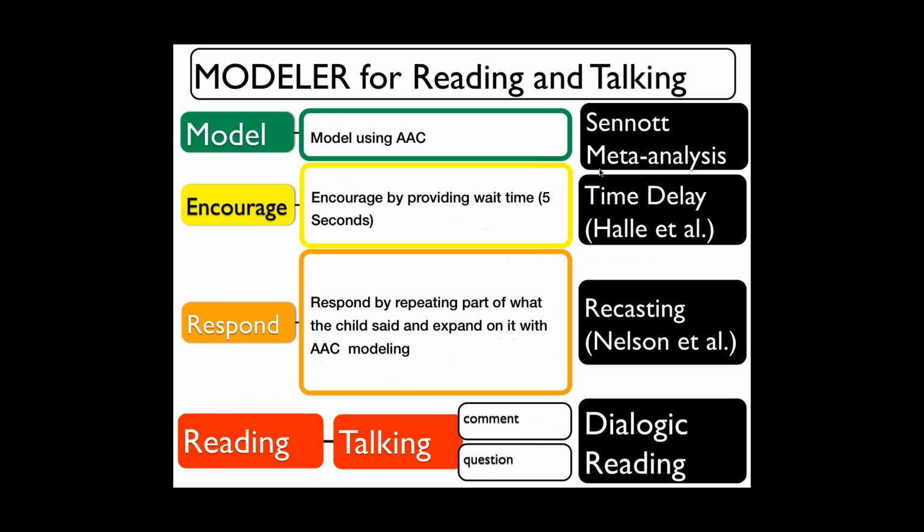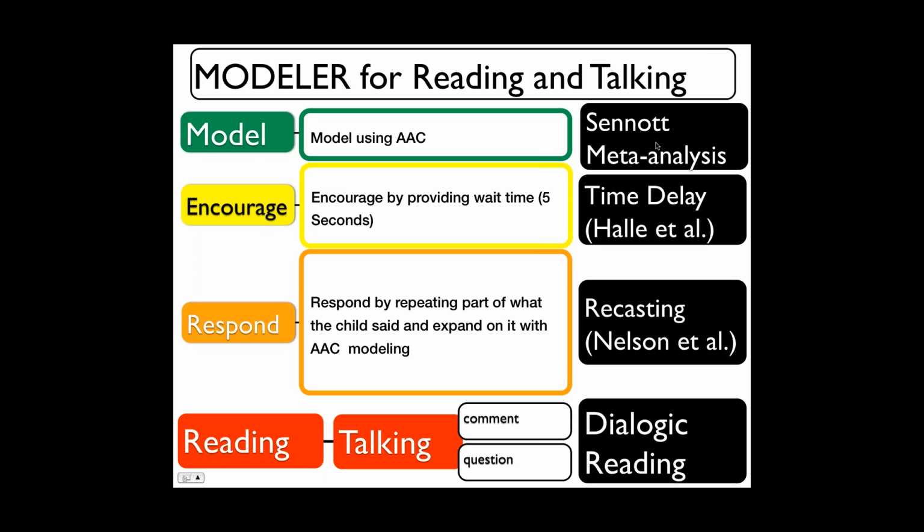And this is what it looks like in their model. You're modeling using AAC, and you're encouraging that student by providing some wait time. We've talked about pause a lot in this series. Then you're responding by repeating part of what the child said and expanding on it with our AAC modeling. When we're reading, we're talking, we're commenting, we're questioning, we're doing what's called dialogic reading.